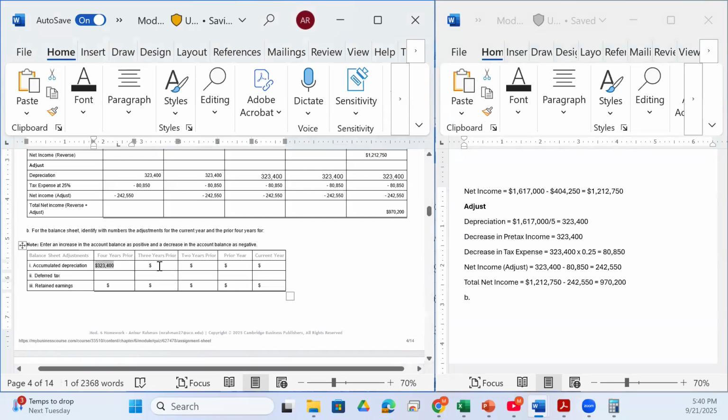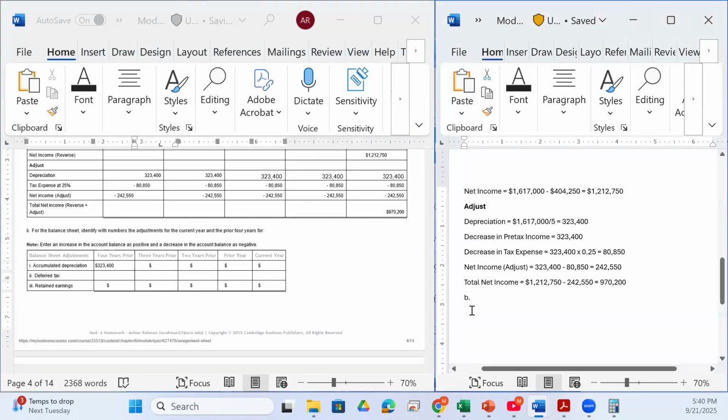Now, 3 years prior, it will be another 323,400, right?